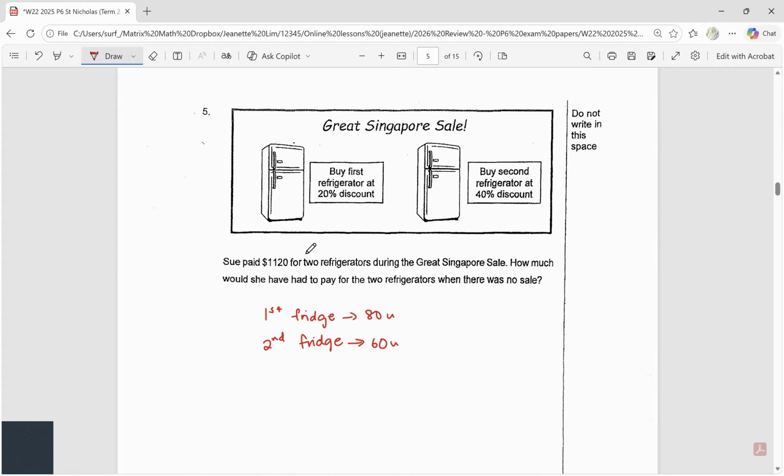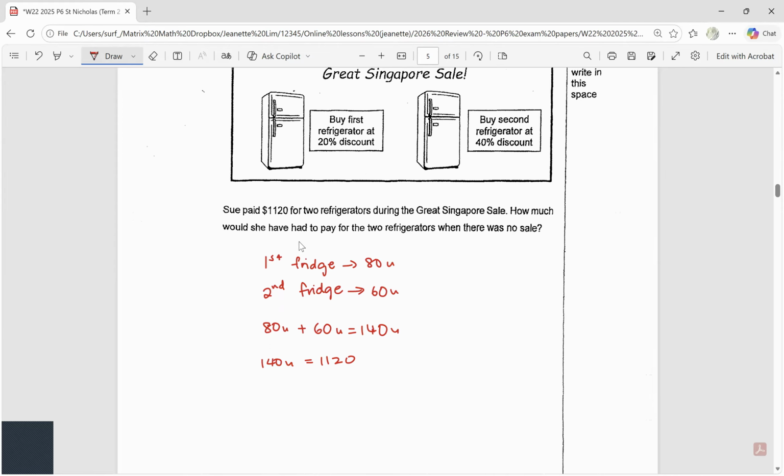So since she paid 1120, the sum of these, so 80 units plus 60 units, which is 140 units. 140 units is 1120. So 1 unit, 1120 divided by 140, which is 8.